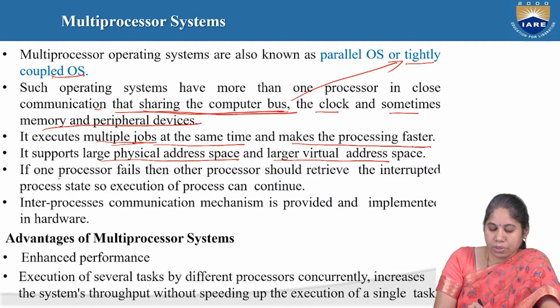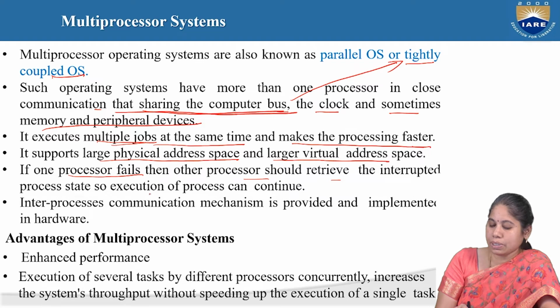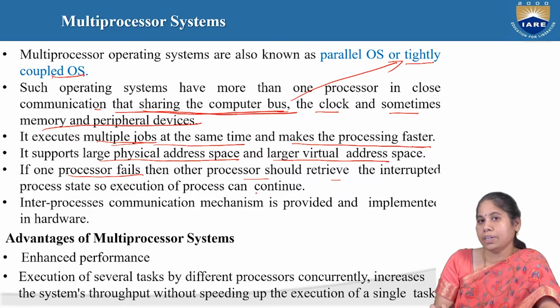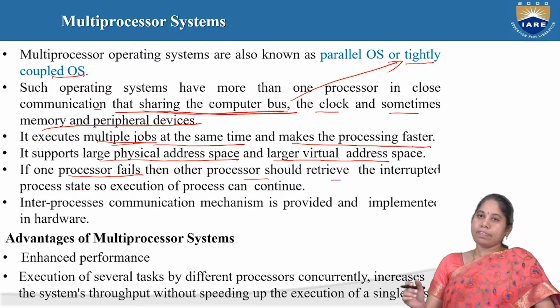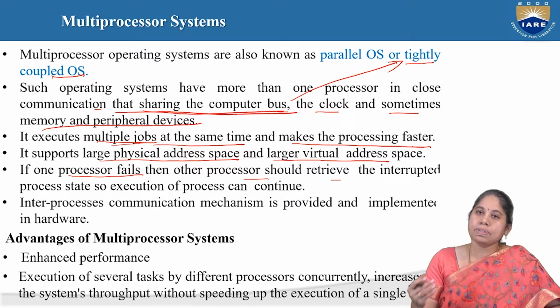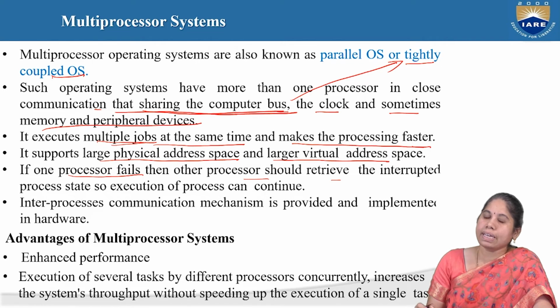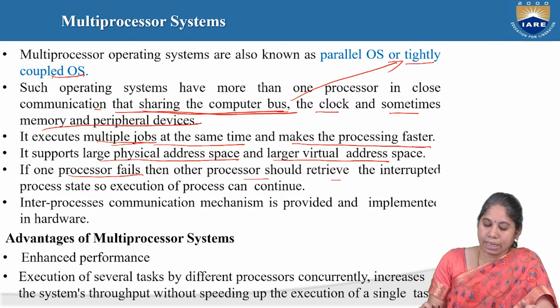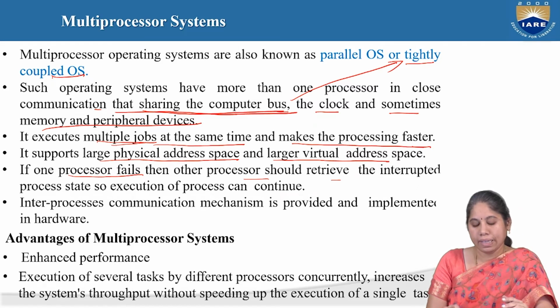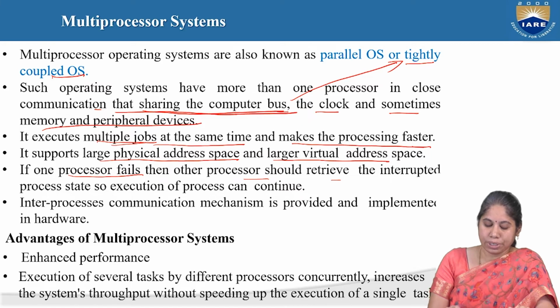If one processor fails, then the other processor should retrieve the interrupted process state so the execution of the process can continue. Suppose in a single processor system the processor fails, what will happen? The jobs submitted for execution will have to wait. So the main advantage is that even if one processor fails, the rest of the processors will take over from the state where the last state is stored and start doing the execution.